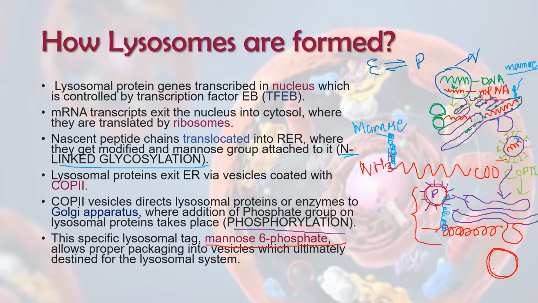Okay, so this is the lysosome that contains the mannose 6-phosphate. This specific lysosomal tag, mannose 6-phosphate, allows proper packaging into vesicles which are ultimately destined for the lysosomal system. We will learn later what the lysosomal system is.